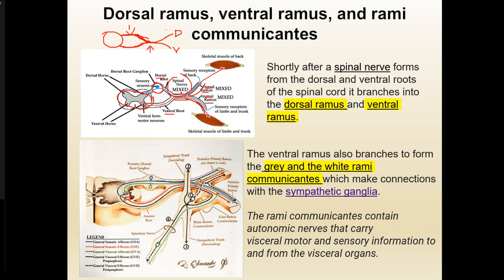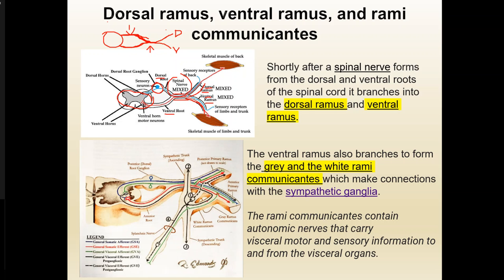You see how the blue represents the sensory and the red represents the motor. Here in the rami, you see both of them. The sensory and motor nerve bundles crisscross, and it becomes a mixed nerve there when it becomes the ramus or rami.